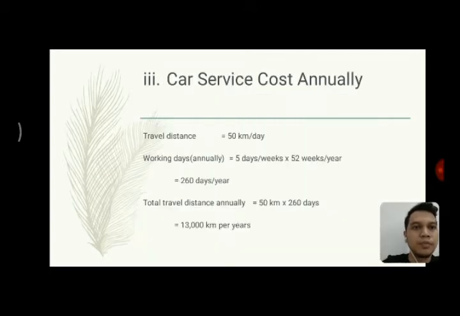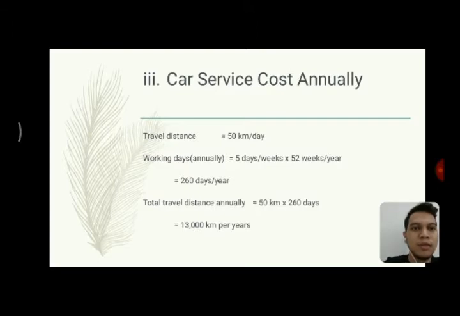Next, for the car service cost annually, the travel distance that we got is 50 km per day. Working days annually is 5 days per week times 52 weeks per year, so we got 260 days per year.